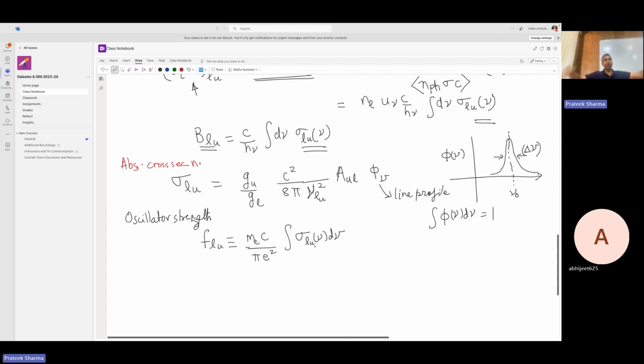So this is averaging over the line profile. And this is a dimensionless number, which is called oscillator strength. And you can actually see that this will also be proportional to A_UL, right?